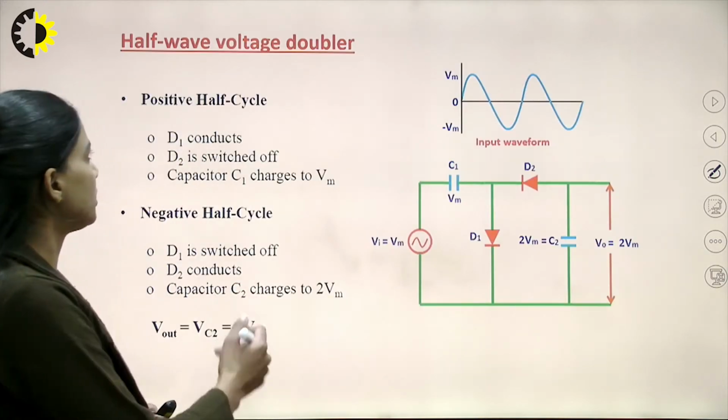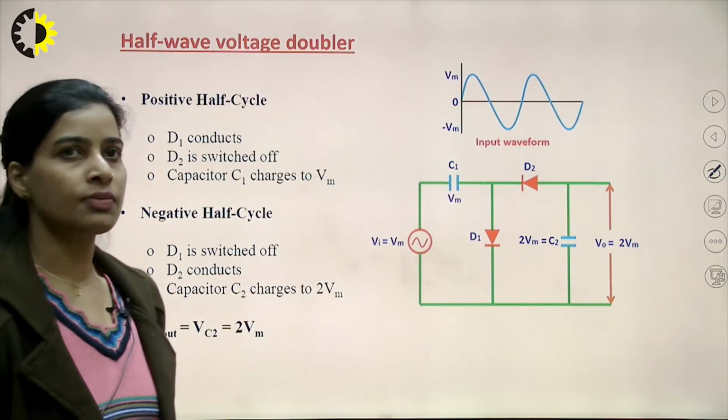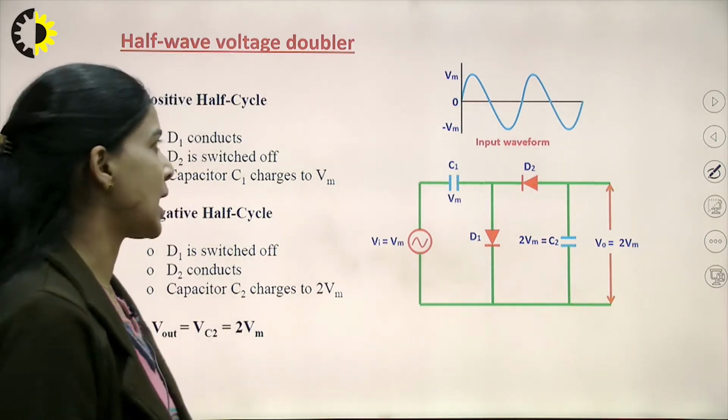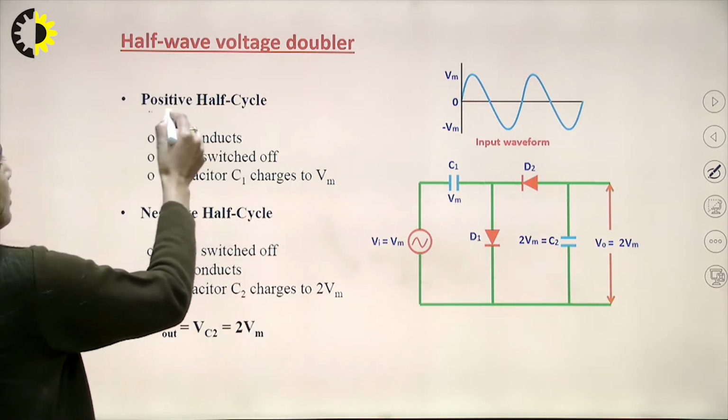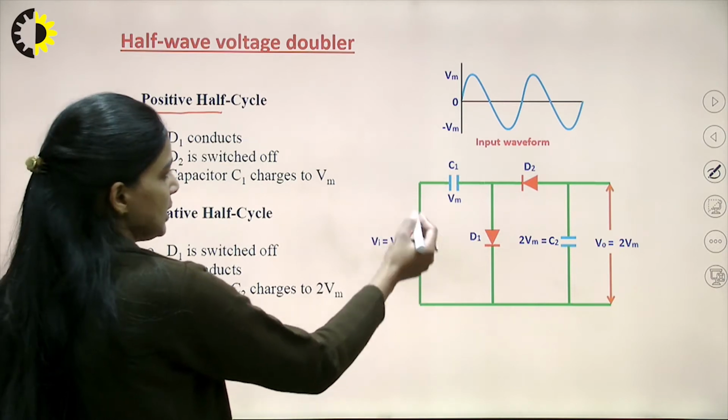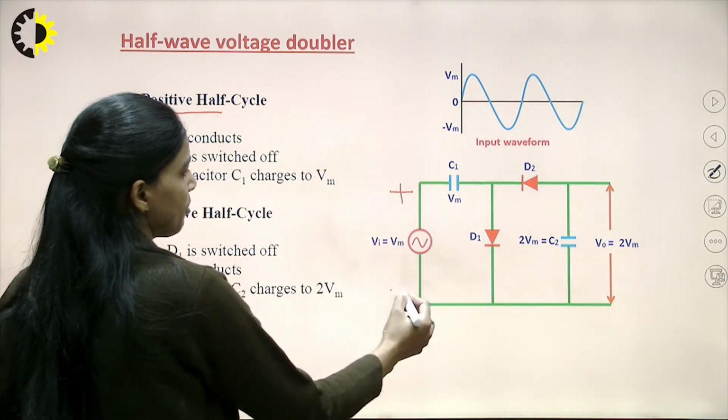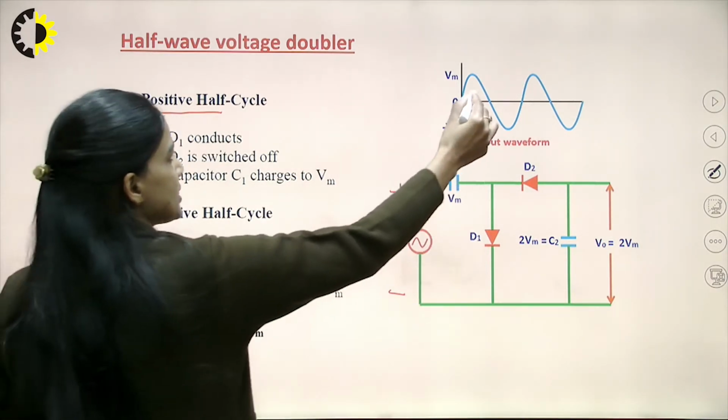This shows the complete state of the diodes for different input cycles. For the positive half cycle, the positive part of the signal is appearing.